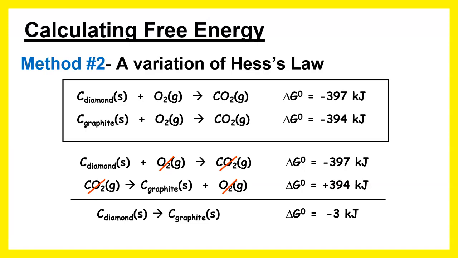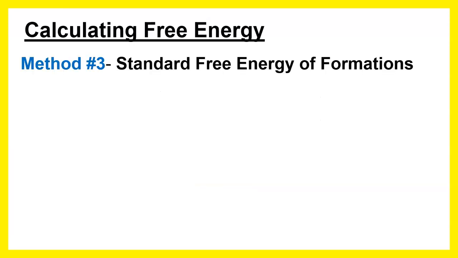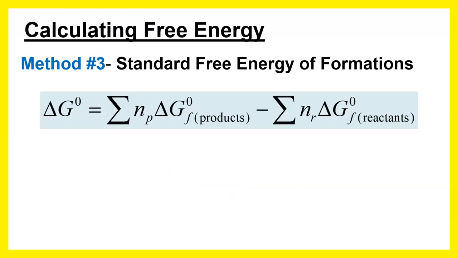And I'm going to get my final overall reaction, overall delta G for the reaction that I'm interested in. This only works if you know other equations to use and their G values, but it does happen. It is a nice option. A third is like we've done before, where you're just going to do the sum and do products minus reactants. That's only going to work if you have a data table with all your delta G's or a way to calculate them.